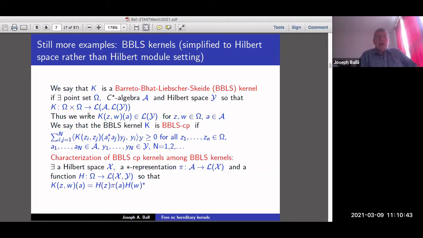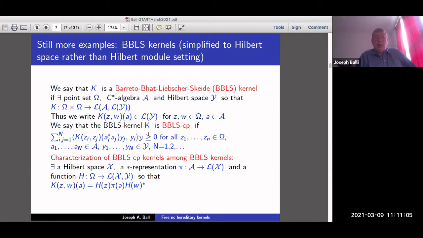So the notation is you take K evaluated at Z and W, then you still have to evaluate that at an element A of your C-star algebra calligraphic A. And the answer you get is an operator on Y. That's it for a BBLS kernel.